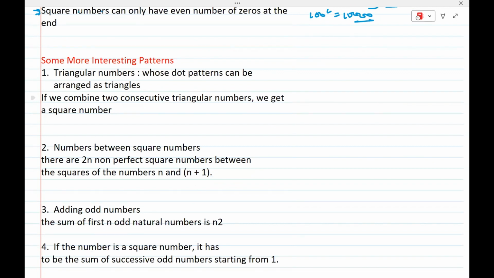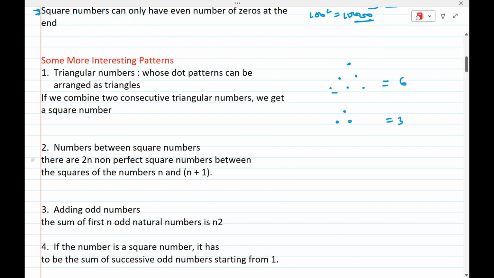Some more interesting patterns. What are triangular numbers? Take one example. Suppose I draw 3 dots over here and then 2 here, then 1. What is the number of dots? It is 6, which means 6 is a triangular number. In the same way, 3: I can draw 2 dots, then 1 dot.